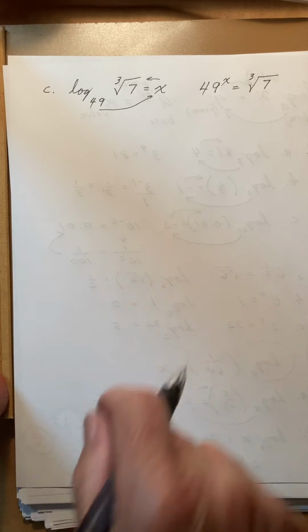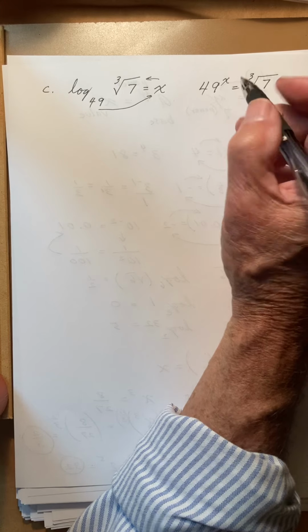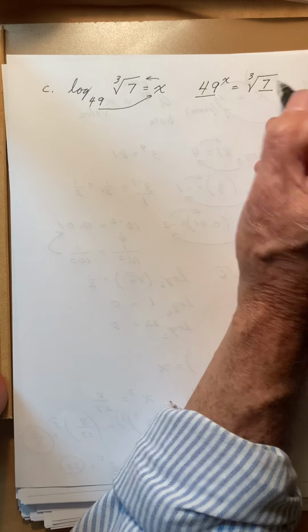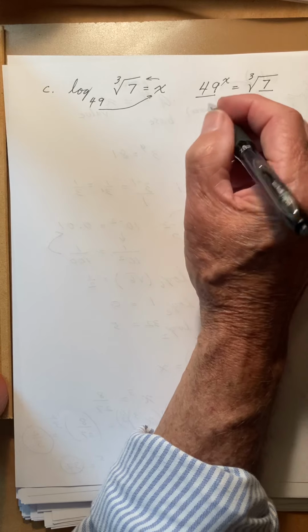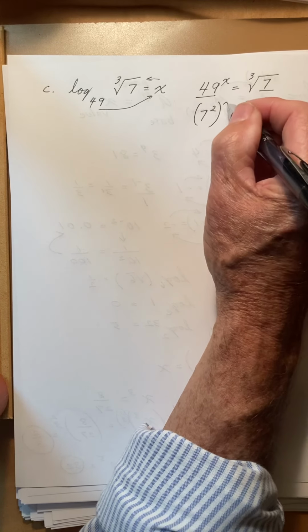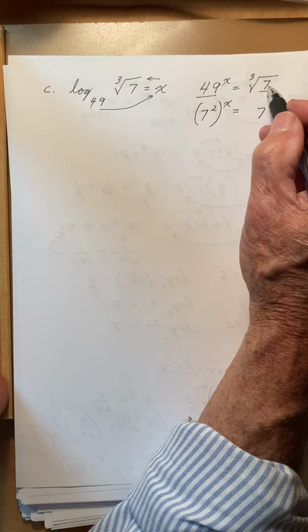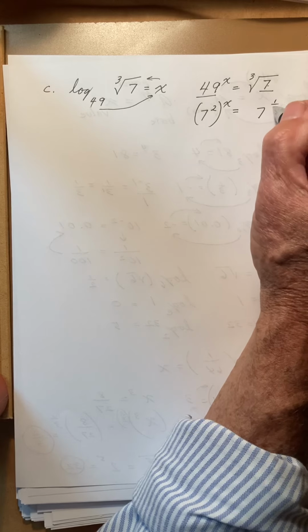Now, in this situation, we're going to use a common base that relates 7 and 49. Of course, 49 is 7 squared, so we can replace 49 with 7 squared raised to the power of x. This right here is 7 to the 1/3 power.